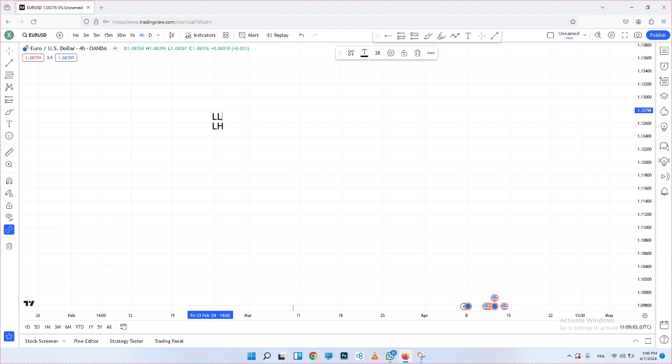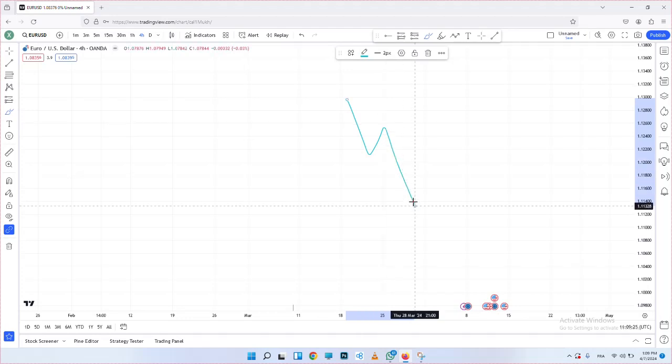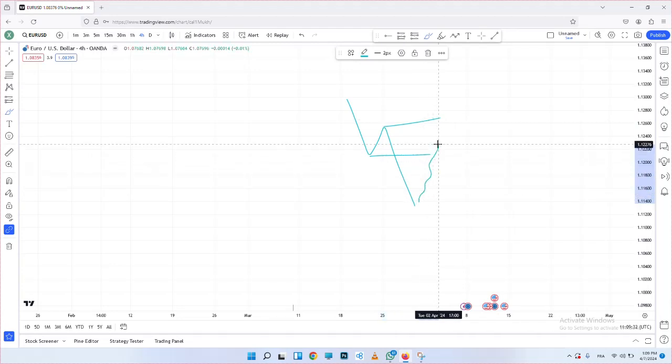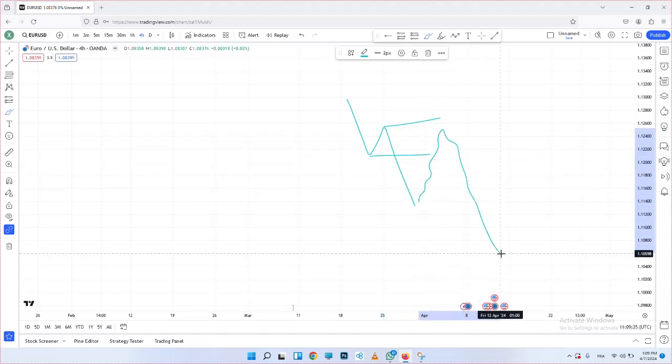Our lower low is what we are going to call our validation level, and this one is what we are going to call our invalidation level, because price is moving by creating low, high, low. This is our validation, this is our invalidation, and our expectation is to see price come back to this area of liquidity before dropping down again.